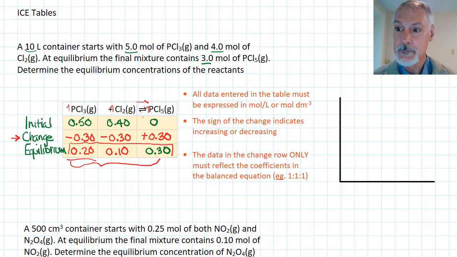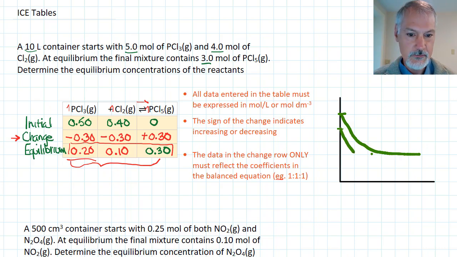Let's look at this graphically. So we start off with PCl5 somewhere up here, and then it drops down to about 0.2 somewhere down here. So there's what's essentially happening to the PCl3. Chlorine starts off a little bit lower, drops by the same amount, so it goes down something like this as time goes on.